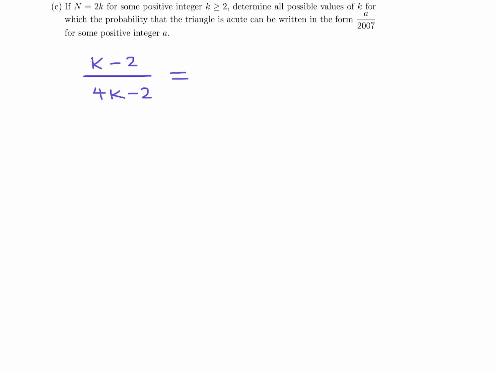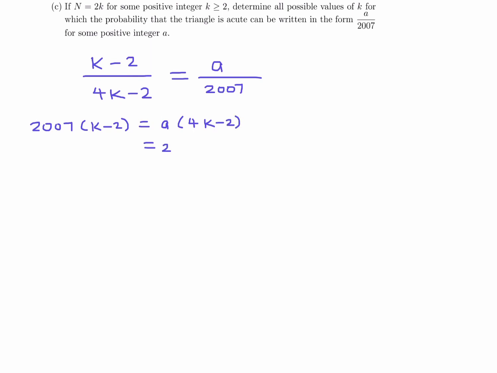And they are saying that you can express that in the form a over 2007. And they want you to figure out what are the values of k. All right, so let's cross multiply this and see if this helps us. If we do, we get 2007 times k minus 2 is equal to a times 4k minus 2, like that.